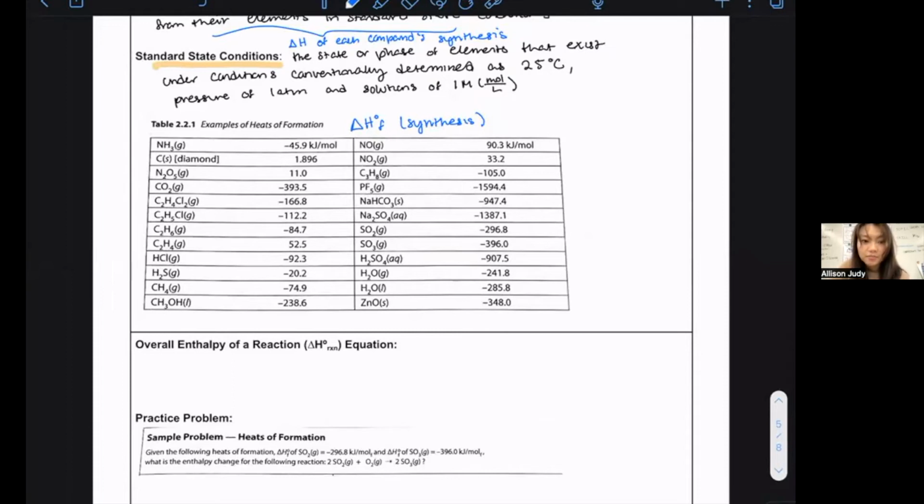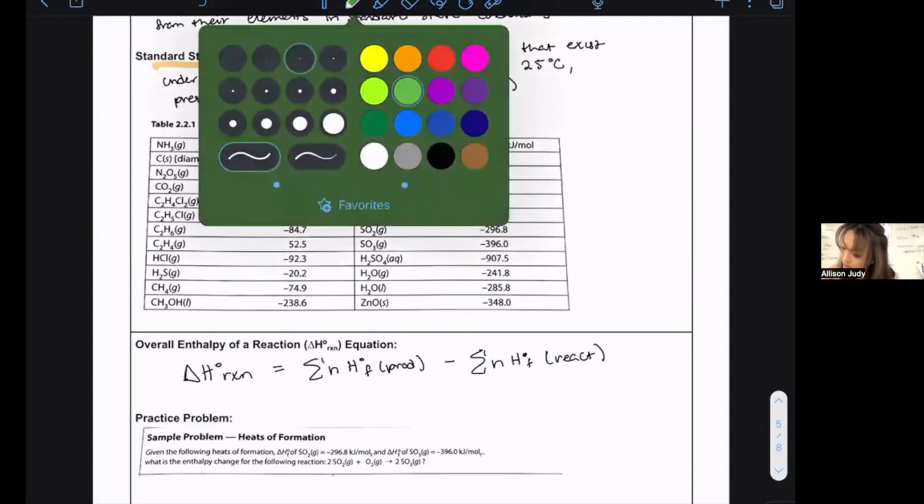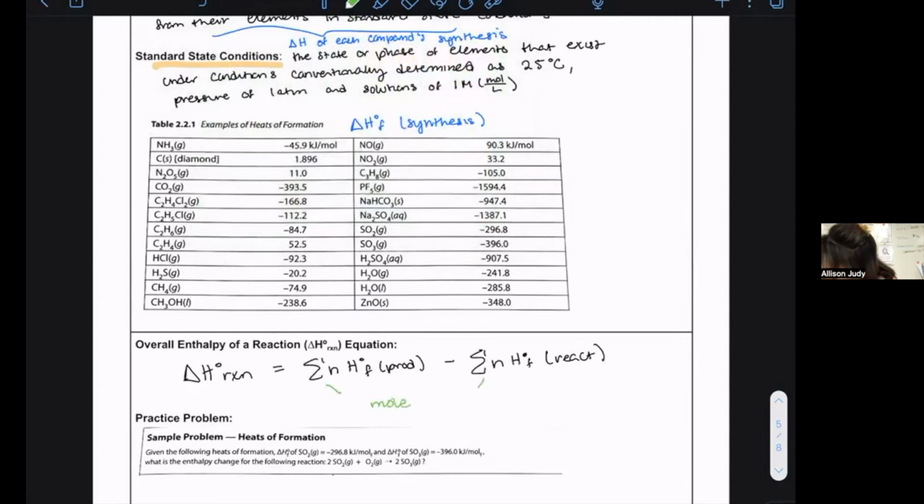And that looks like this: the enthalpy of the entire reaction under standard state conditions is equal to the sum, that's the Greek symbol for sum, of the enthalpies of formation of the products times their respective mole values, times however many molecules we have of that, minus the sum of the enthalpies of formation of the reactants times their respective mole values, where n is the mole value or the molar ratios.